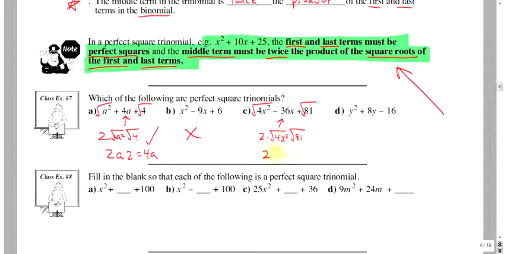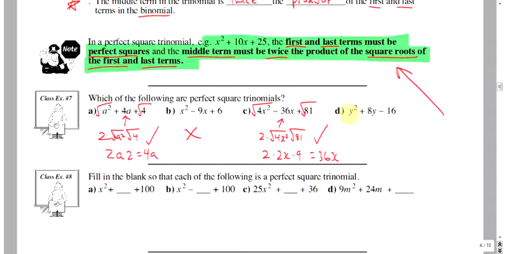This is 2x. This is 9. What's this? 4 times 9, 36x. Yes, it is. Therefore, that's a perfect square trinomial. Okay?